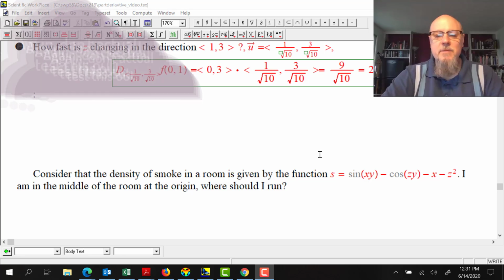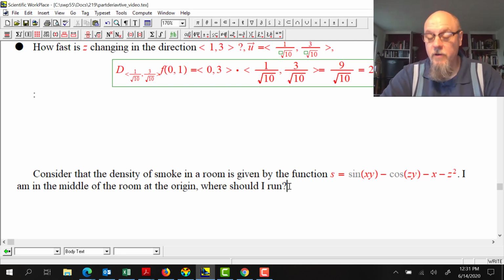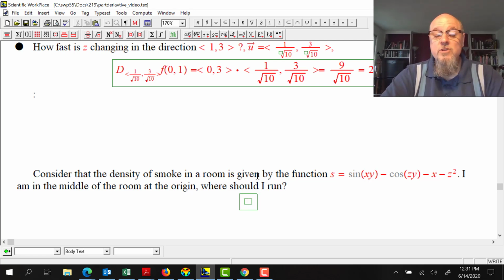Anyway, the idea being that different x, y, z points in the room have different smoke densities. If I'm in the middle of the room at the origin, the point 0, 0, 0, where should I run? So here's where knowing some multivariable calculus is going to get you out of some trouble. So where should I run?